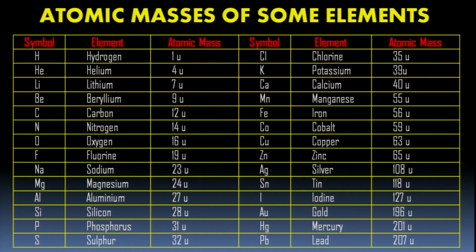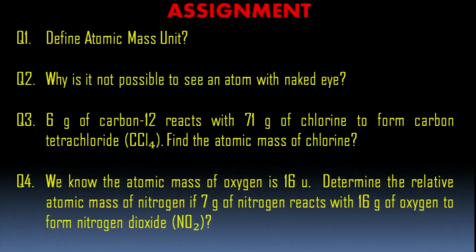Children, have a note in your mind that you must remember the atomic masses of the first 20 elements, because you need them in your calculations. Later on, we'll come to those calculations and you need them. These also you can find in your books.